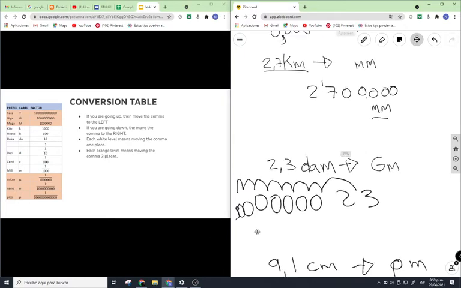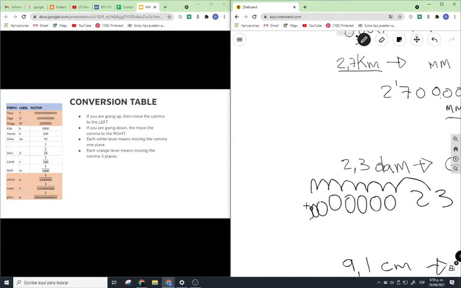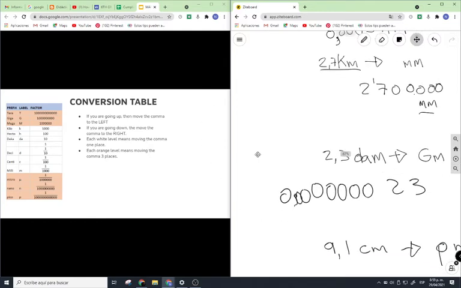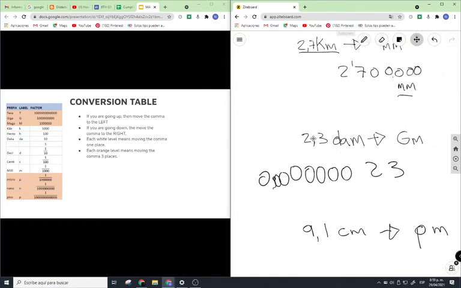Sorry. And remember that when we finish with the comma here on the left, we have to complete with another zero, because there is no natural part, but we have to put it like that. Let's erase these. So 2,3 decameters are 0,000000023 gigameters. That's the conversion, okay?